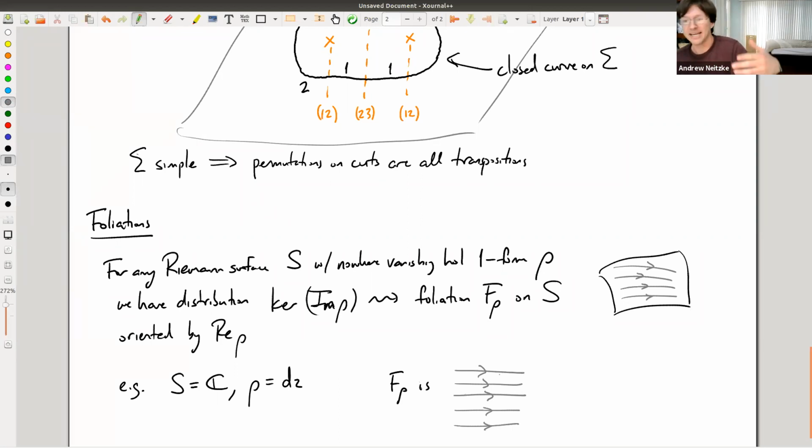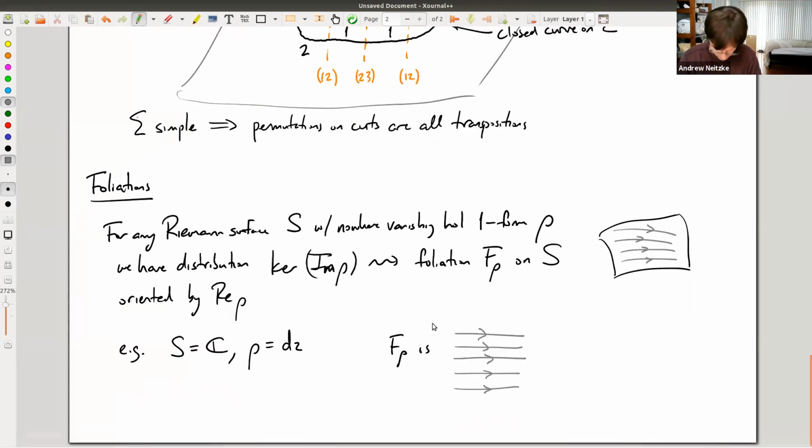That's the kernel of dy. Being in the kernel of dy means it's a horizontal line, and dx being positive gives you the orientation. And by the way, F minus rho, if I reverse the sign of the one form, is the same foliation with the opposite orientation.